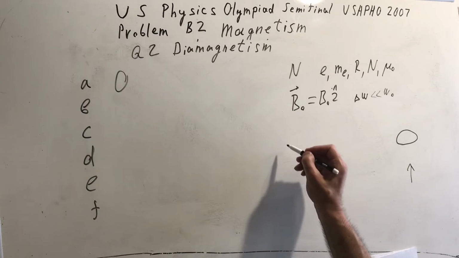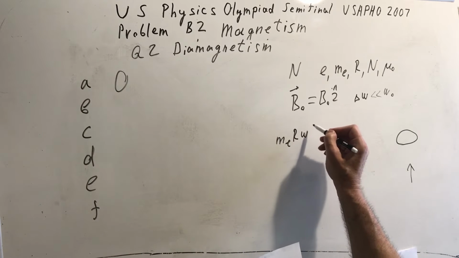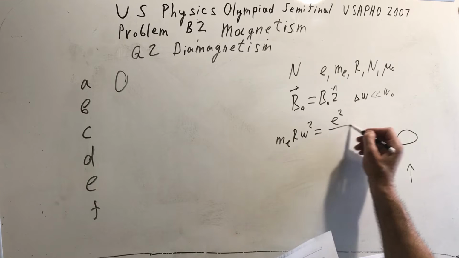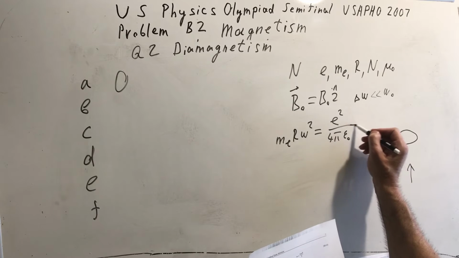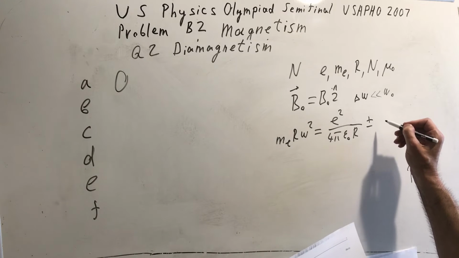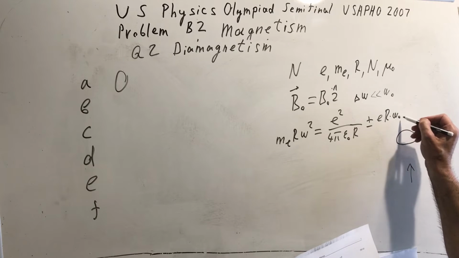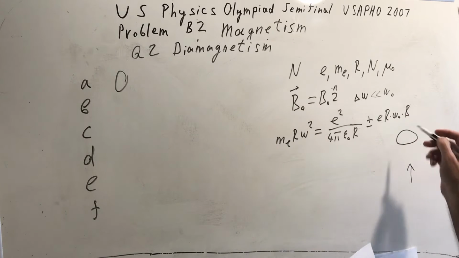So we have the centripetal force m_e R omega squared equal to e squared over 4 pi epsilon 0 R squared, this is from the proton force, plus or minus the force from the magnetic field, e R omega 0 B.